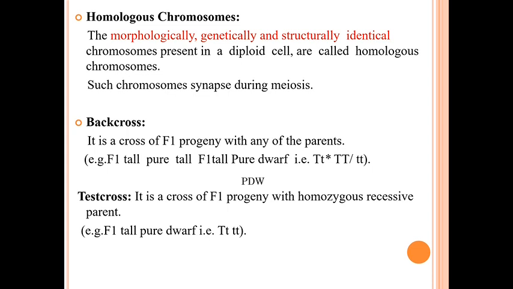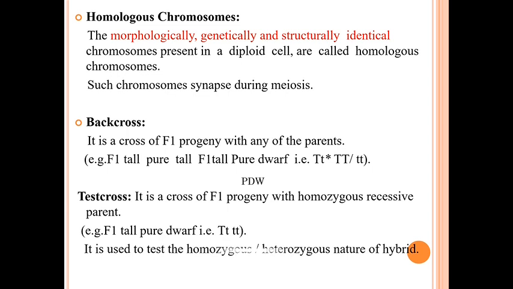Students, a test cross can be a back cross, but a back cross is not necessarily a test cross. A test cross is used in plant breeding experiments to test the homozygous or heterozygous nature of a hybrid.